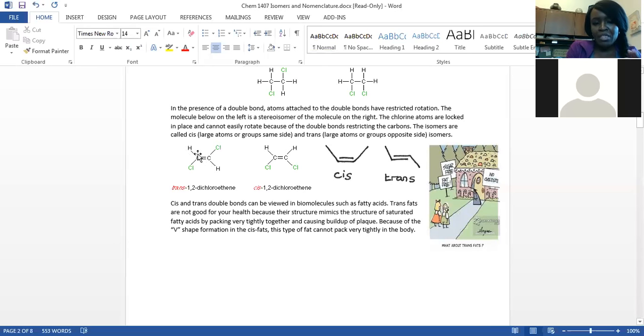They're also on the opposite end of the carbon-carbon double bond. And over here, we have the carbon-carbon double bond where the hydrogen groups are on the same side, or the chlorine groups are on the same side. So this is cis, same side, like waving your hand, same side. And then trans, which is the opposite, like that. Okay, so it's kind of like a dance. Cis, trans, okay?